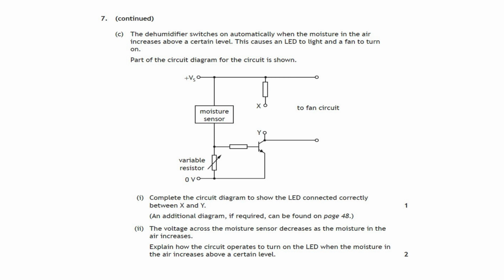1. Complete the circuit diagram to show the LED connected correctly between X and Y. Now we're asked to connect an LED, a light emitting diode, between X and Y. An LED, like all other diodes, is polarity conscious. This means we have to connect it to the circuit the correct way around. So what's the rule? An LED has two parts, the anode and the cathode.